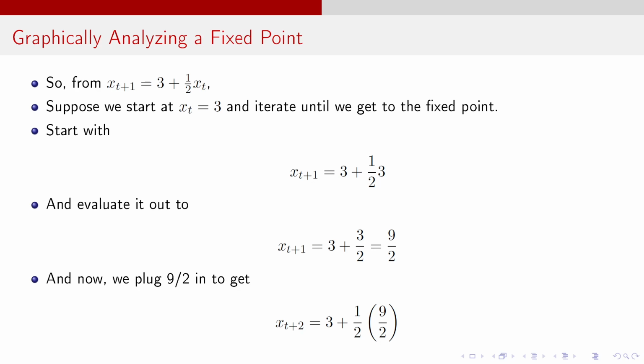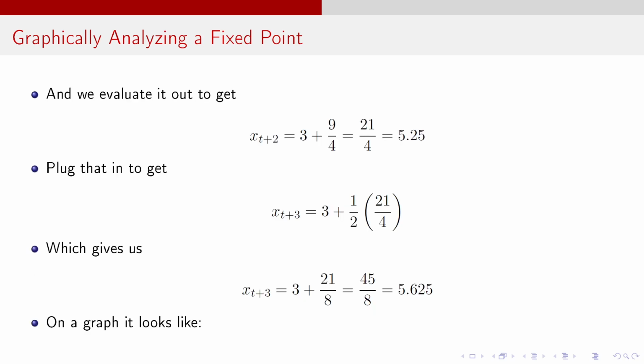Evaluate that out, it comes out to 9/2, or 4.5. Now I take that 9/2 and plug it back in. x_{t+2} gives me 3 + 1/2 times 9/2, or 3 + 9/4, which gives me 21/4, or 5.25. Plug that in again, and I get 5.625.